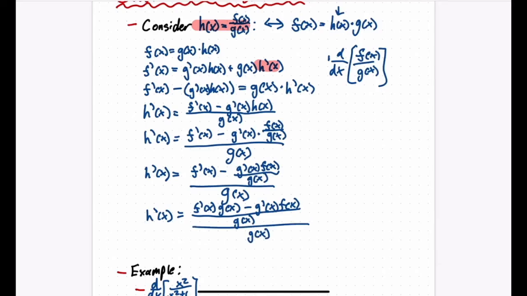And when it's divided by the same thing and then divided by that again, we can restate that as saying it's being divided by that thing squared. So the derivative of f of x times g of x minus the derivative of g of x times f of x, over g of x squared.